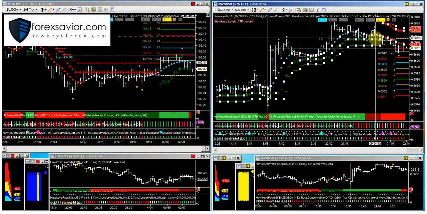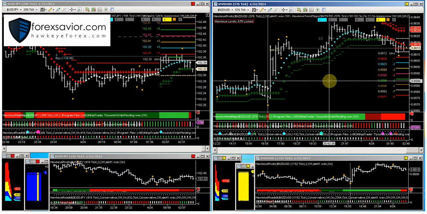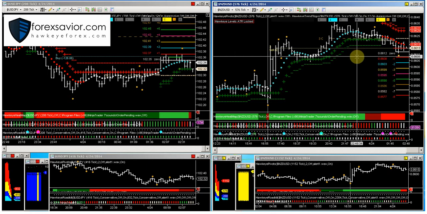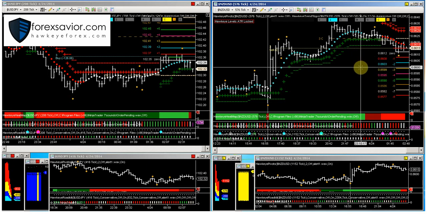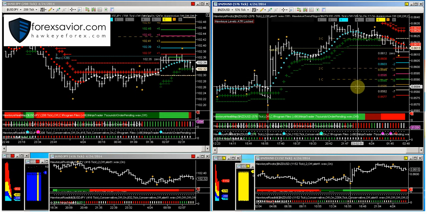Again, I'm going to go ahead and place my targets and my stops. This pair, the Kiwi US dollar, is on yellow gear speed, so we're going to split up our exits. We take out 2/3 of our position at 3 ATRs, and then 1/3 runs to 5 ATRs.